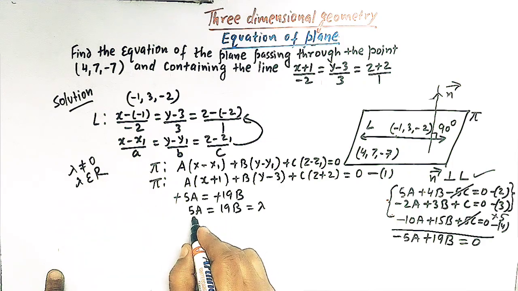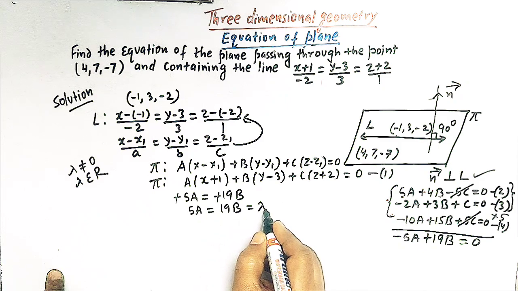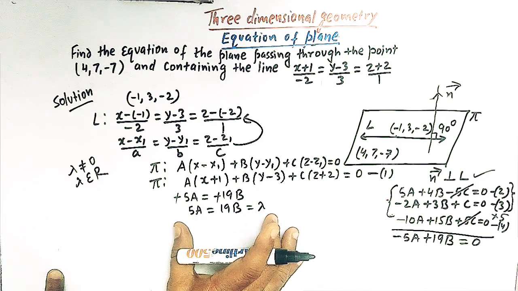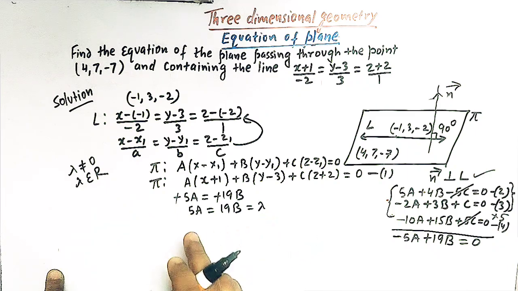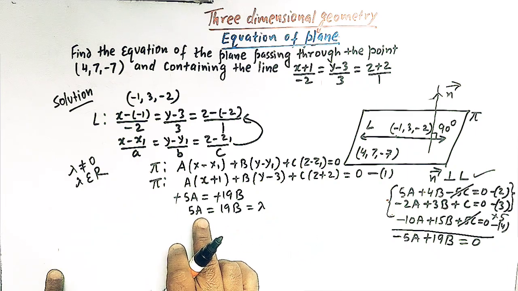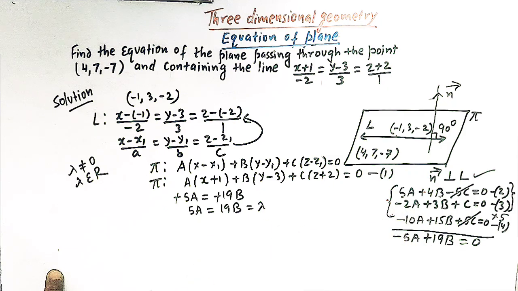So here we'll take 5a is equal to 19b is equal to lambda, and the purpose of introducing this scalar lambda is to express the values of a, b, and c in terms of lambda.